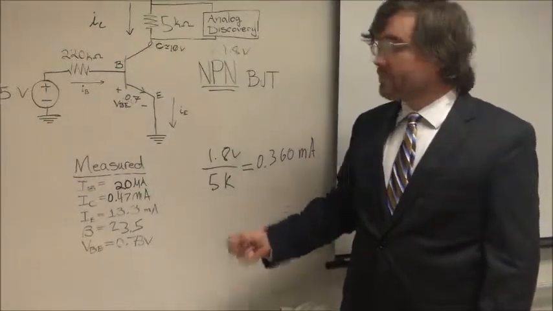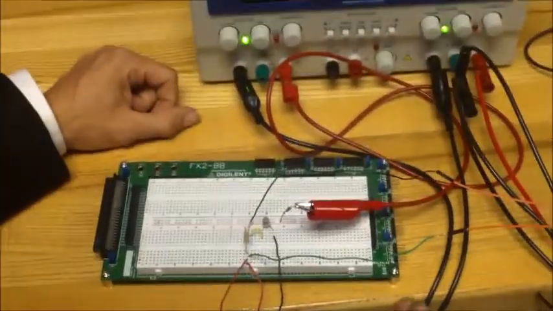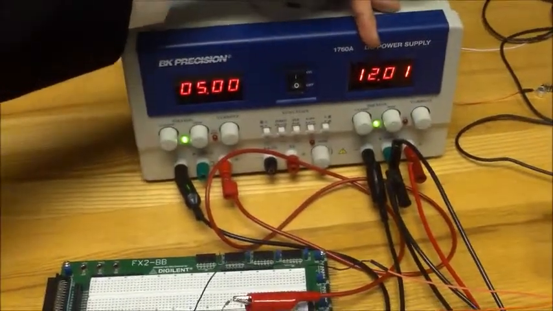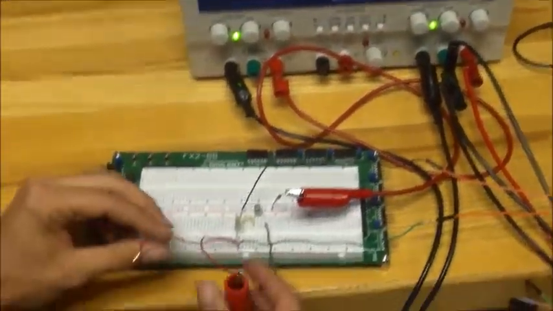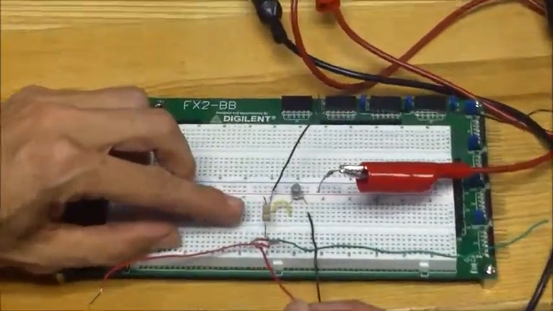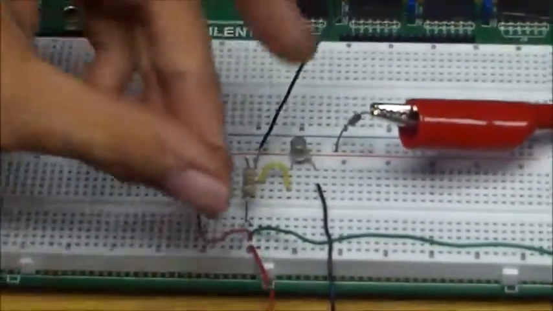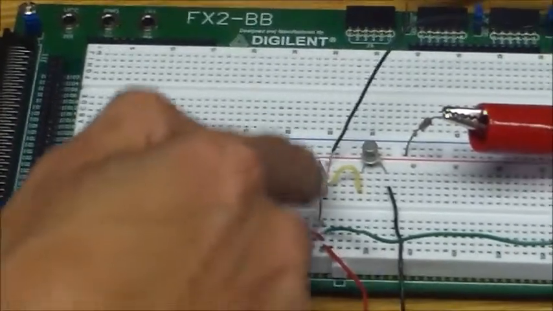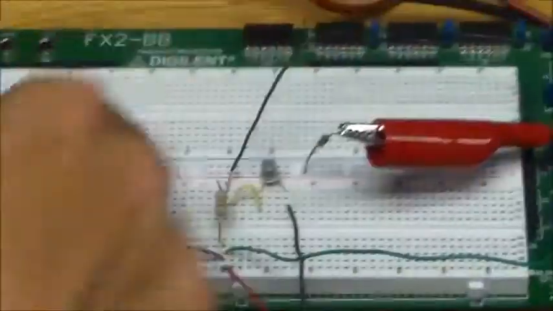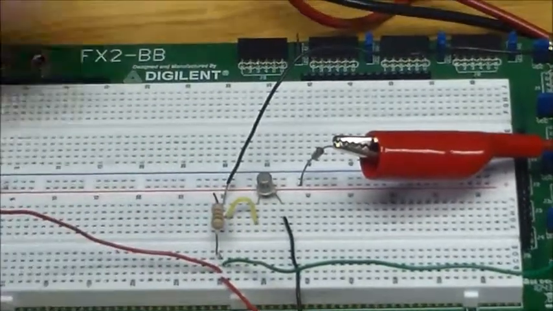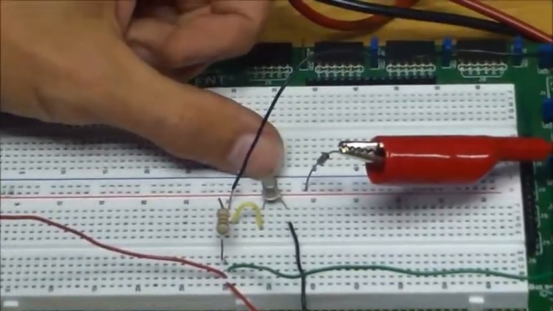As you can see, according to our circuit diagram, we have a 12-volt power supply coming into the collector here, going through our 5K resistor. These are the leads for the Analog Discovery's oscilloscope. After the signal goes through here and we've measured the voltage across this resistor, it's going to go through this yellow wire into the collector.